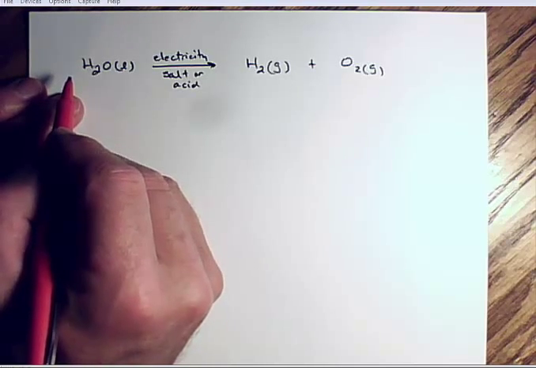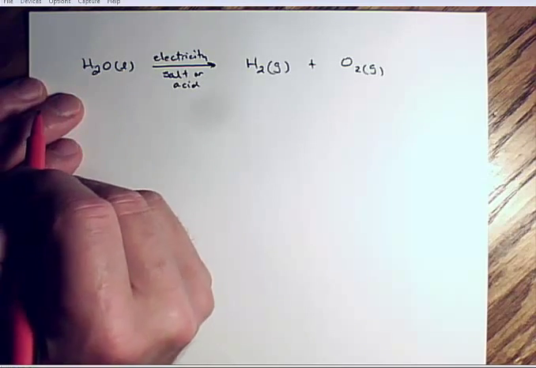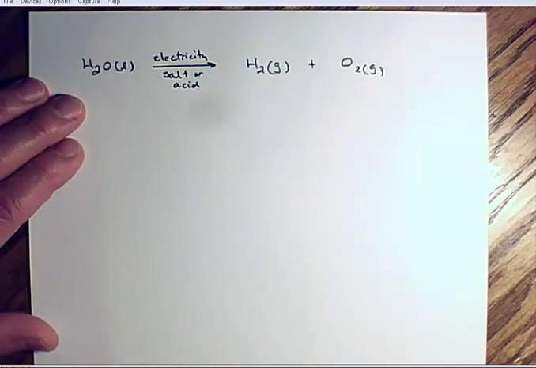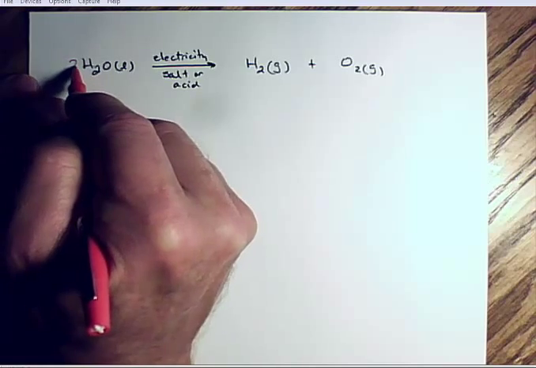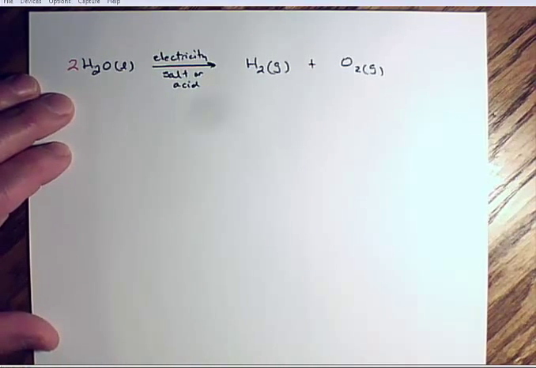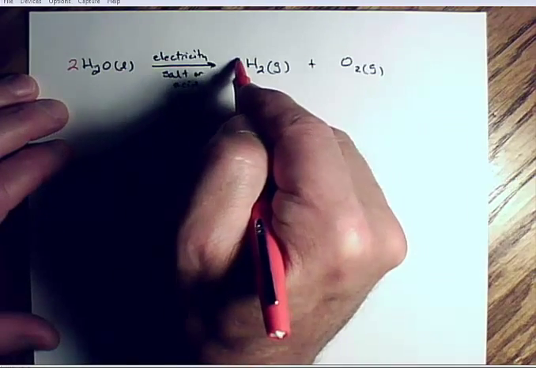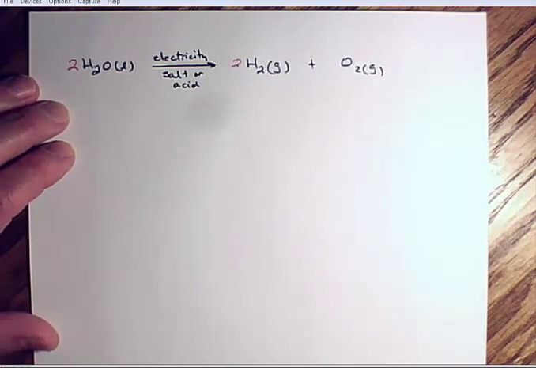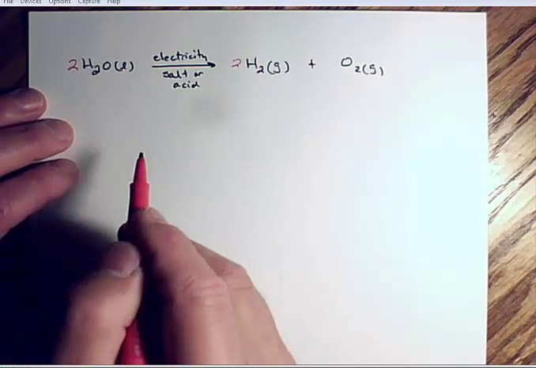Well, y'all did this in physical science. How do you balance this equation? I got you. Put a 2 here. Is it balanced now? I have 4 hydrogens on the left now. Now the equation's balanced.